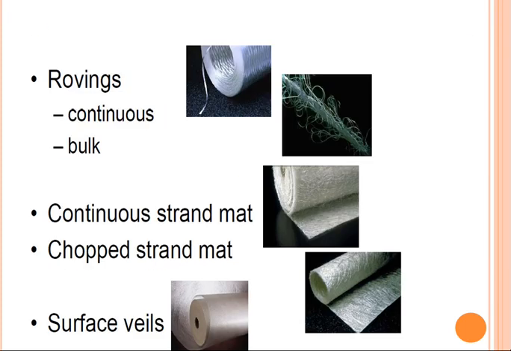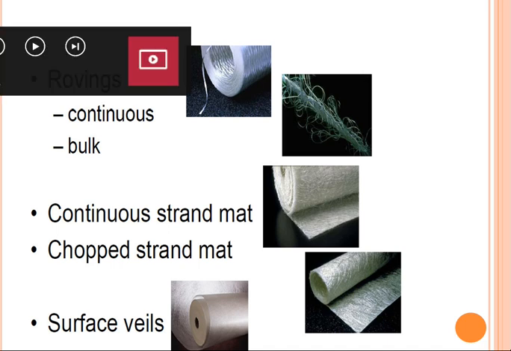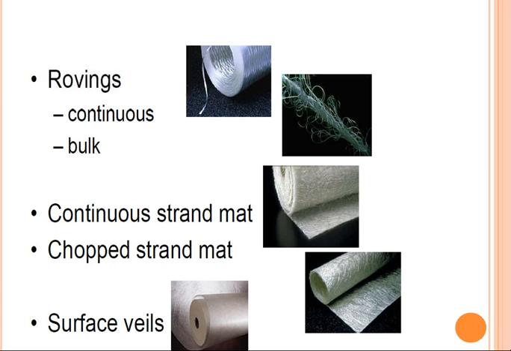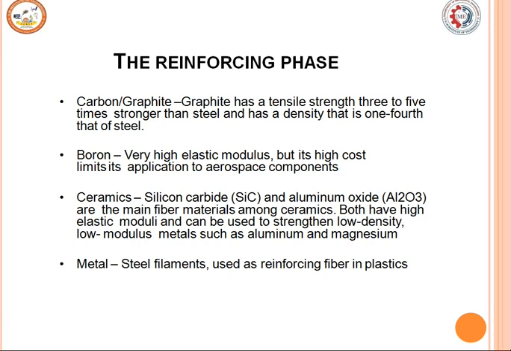So how the materials are added in the required phase, so that there will be maximum utilization of the material. It will be in the form of rovings, it may be continuous strands, it may be strand mat or chopped strand mat, surface veils. Like this, different materials are displayed here.